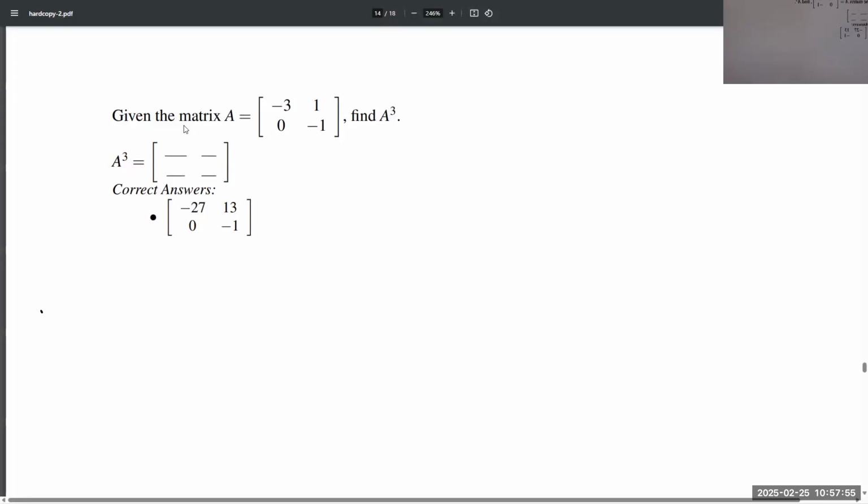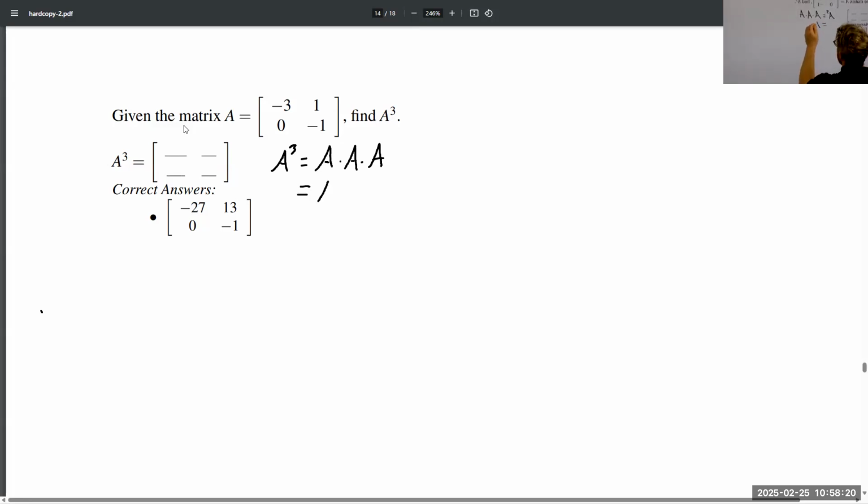This one's A cubed. What's A cubed? That's A times A times A. Now, I'm not going to do that.